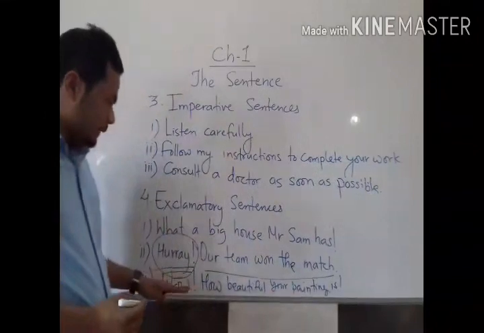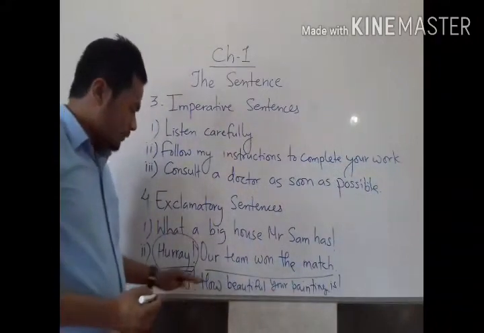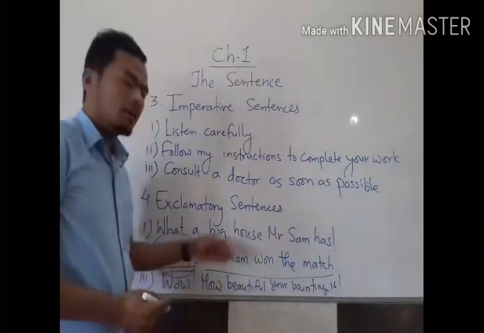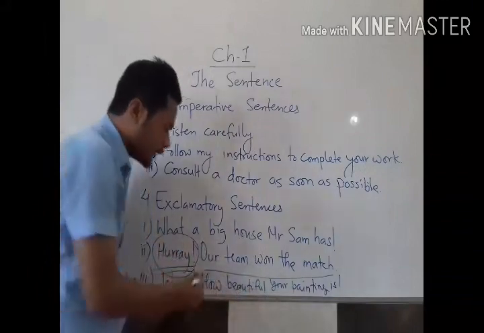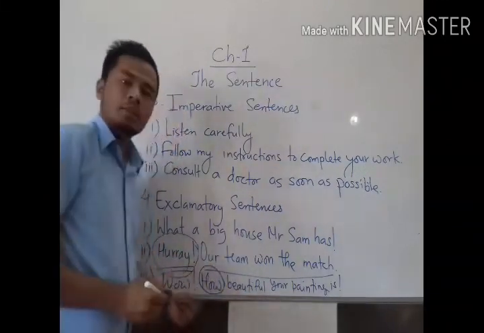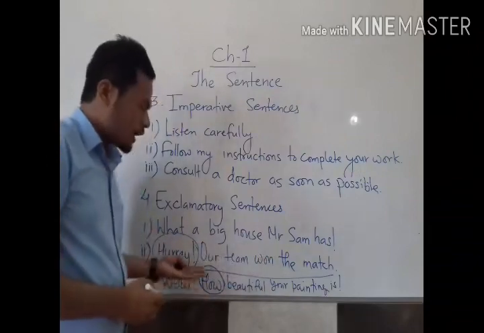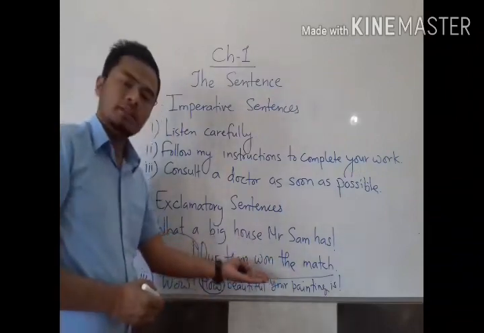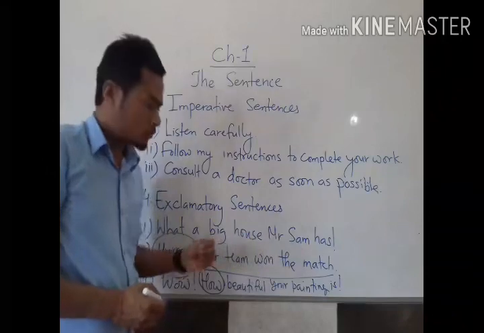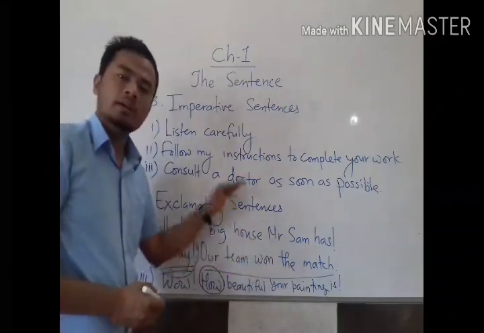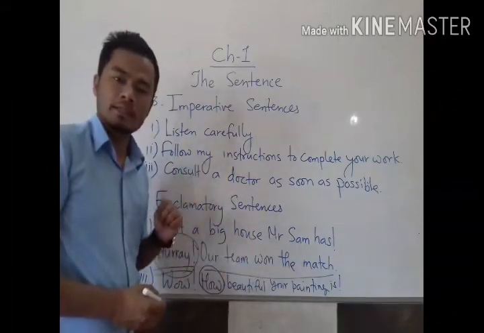Now see, we have an interjection, and another sentence I have started with a WH word. In both, after the interjection and after the other sentence, I have used an exclamation mark. So in these three ways we can frame exclamatory sentences.